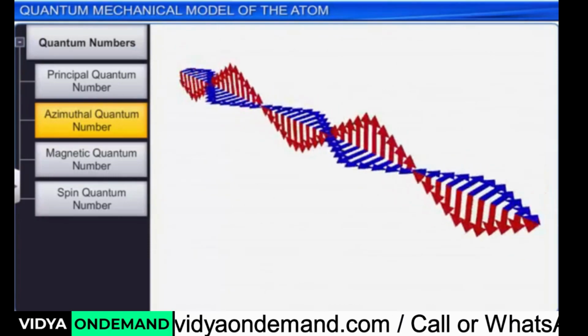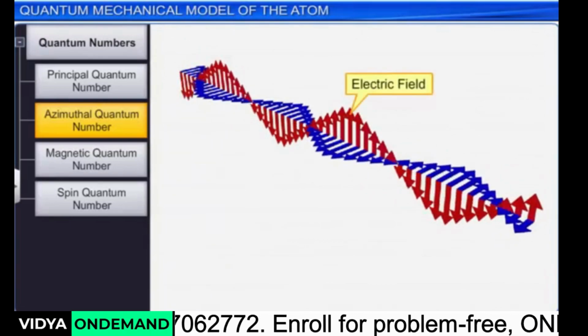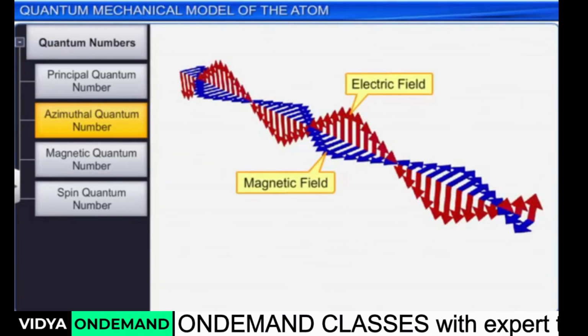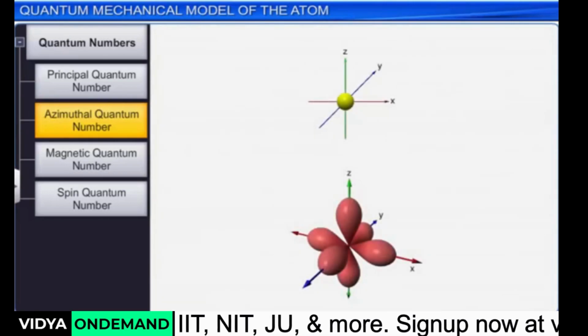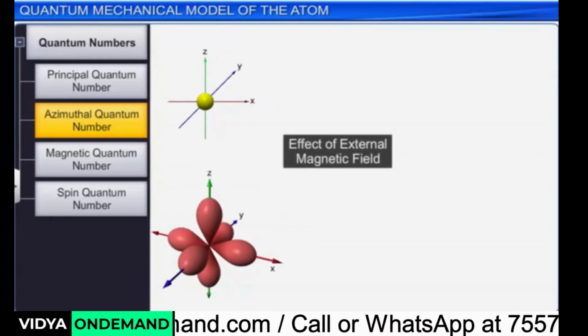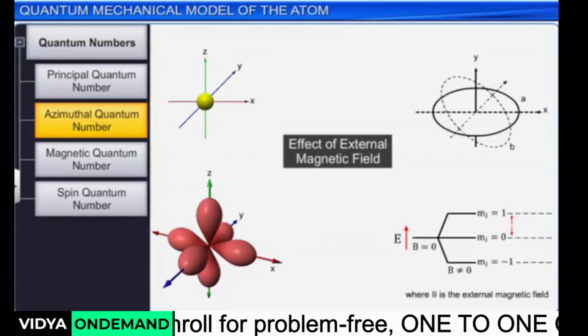An electron moving in a subshell generates an electric field and magnetic field resulting from its motion around the nucleus. Thus, under the influence of an external magnetic field, the electrons moving in the subshells tend to reorient themselves into the specific orbitals.